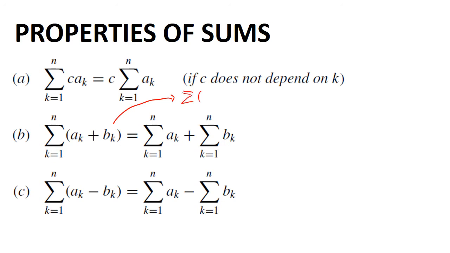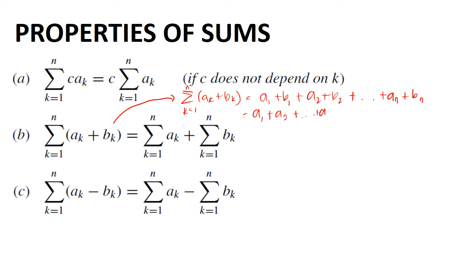So, summation ng AK plus BK from K equals 1 to N means, if in-expand natin, A1 plus B1 plus A2 plus B2 plus and so on hanggang AN plus BN. As you can see, pwede mo siyang i-rearrange na kung saan magkakasama lahat ng A and then magkakasama lahat ng B.